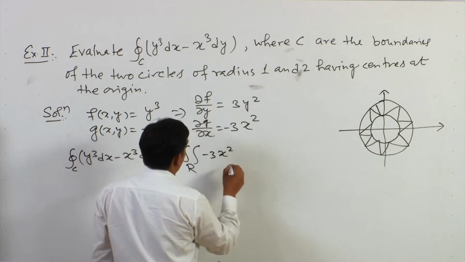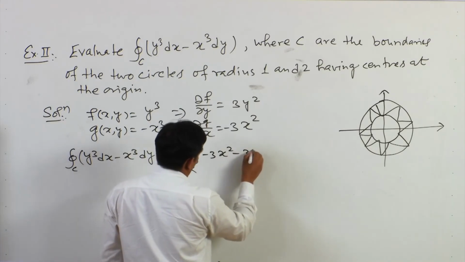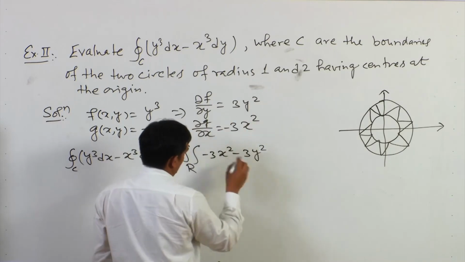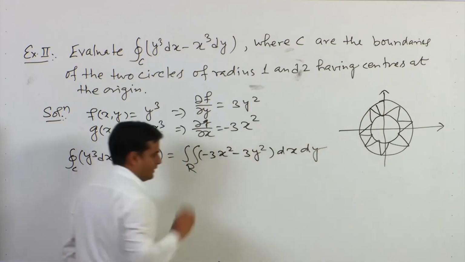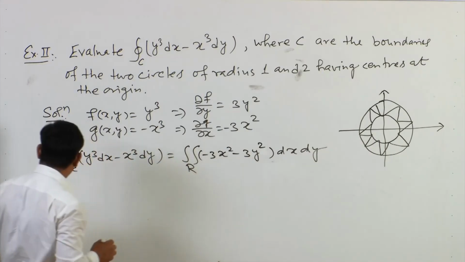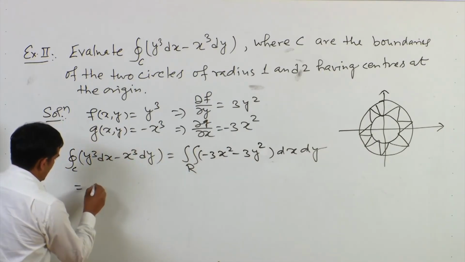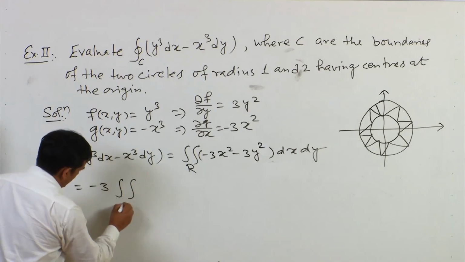and then I will be having minus del f over del y, so 3y square, dx dy. I can take minus 3 out.